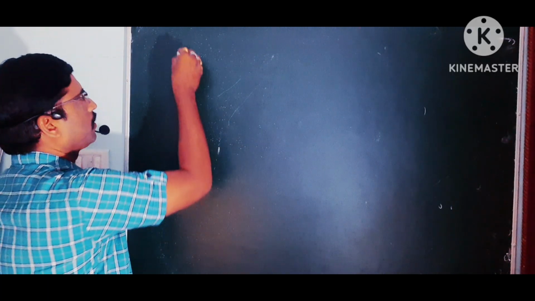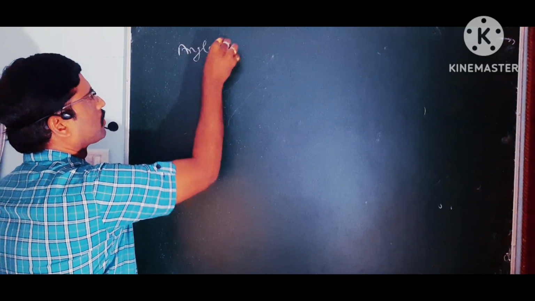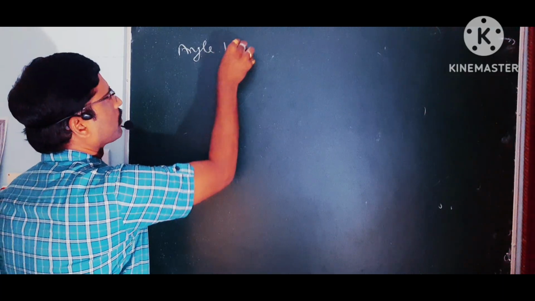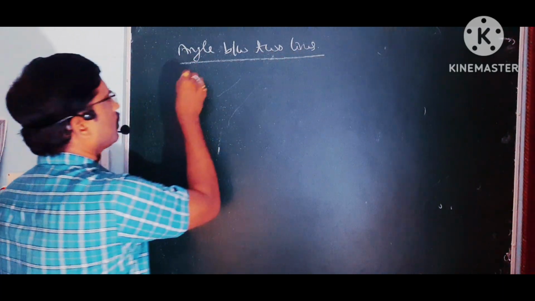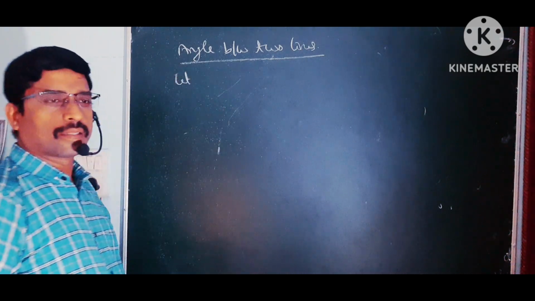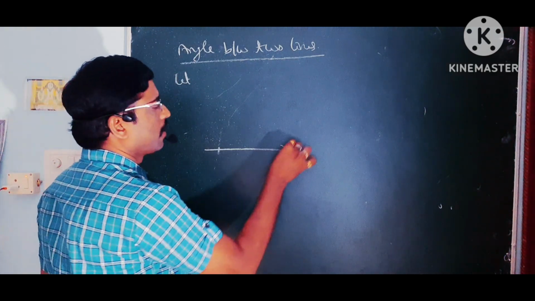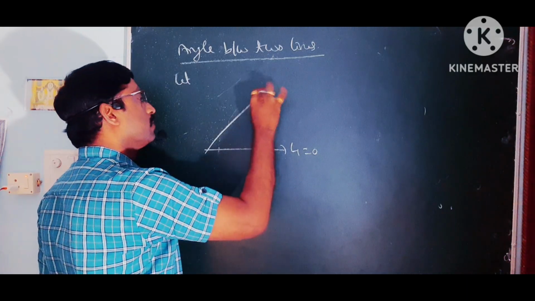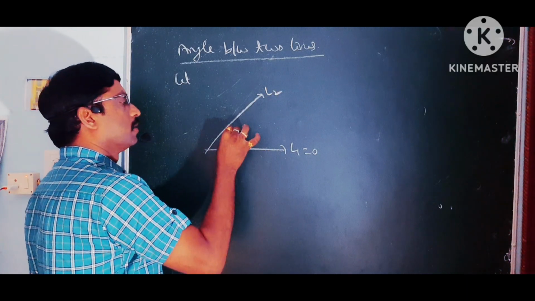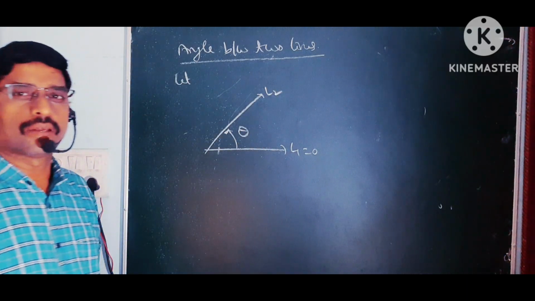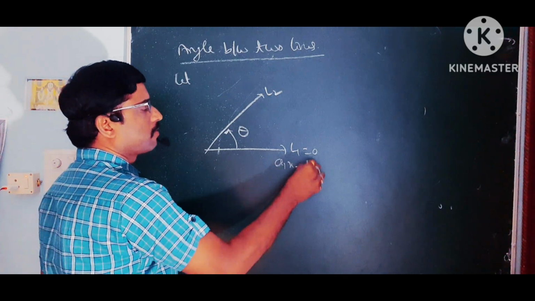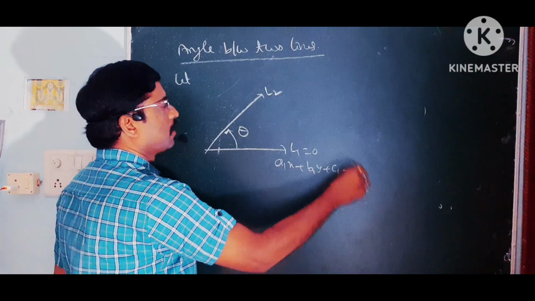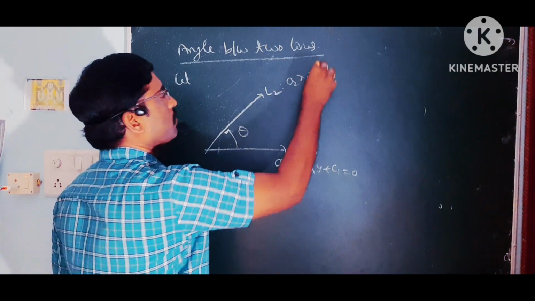Now I'm going to explain the angle between two lines. Let theta be the acute angle between L1 is equal to 0 and L2 is equal to 0, where L1 is A1x plus B1y plus C1 and L2 is A2x plus B2y plus C2.